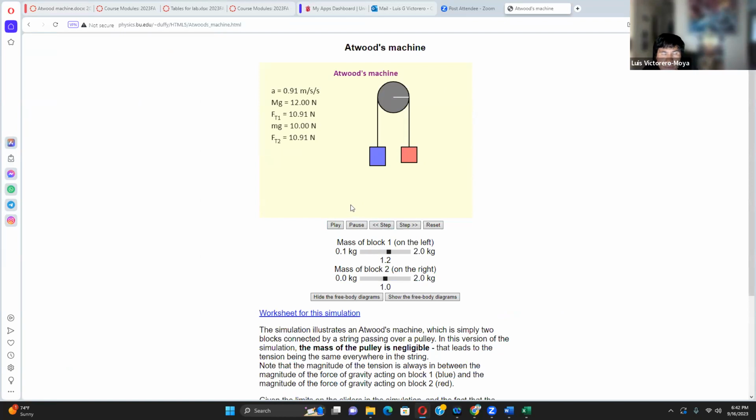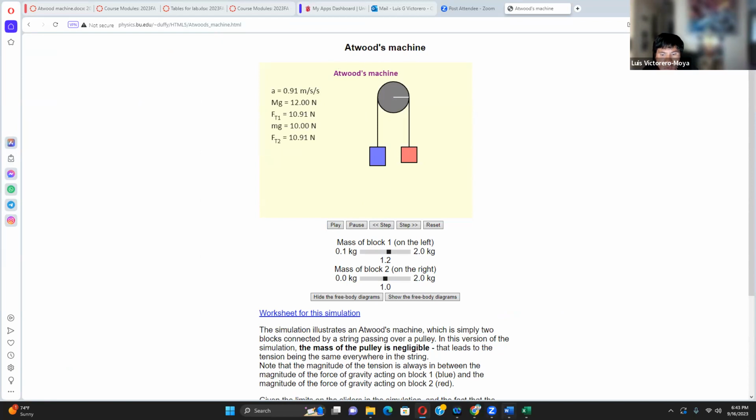So the idea with this is to simulate an Atwood machine, which is a device where two masses are connected by a pulley and where we neglect torque and any sort of friction. If you do that, you can find the acceleration of the system and the tension on the string.